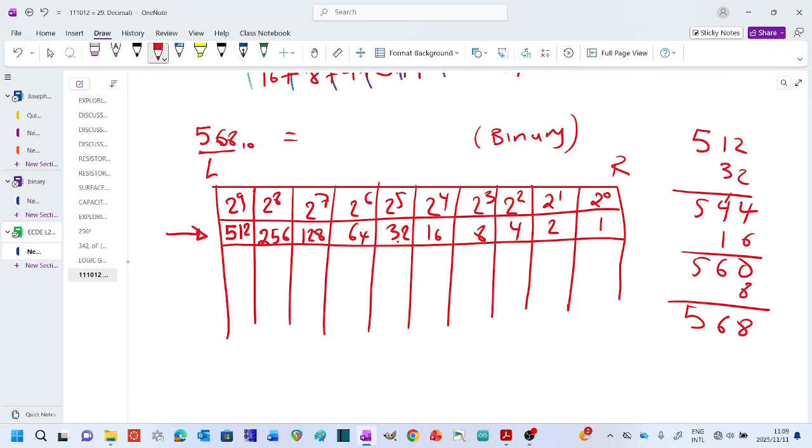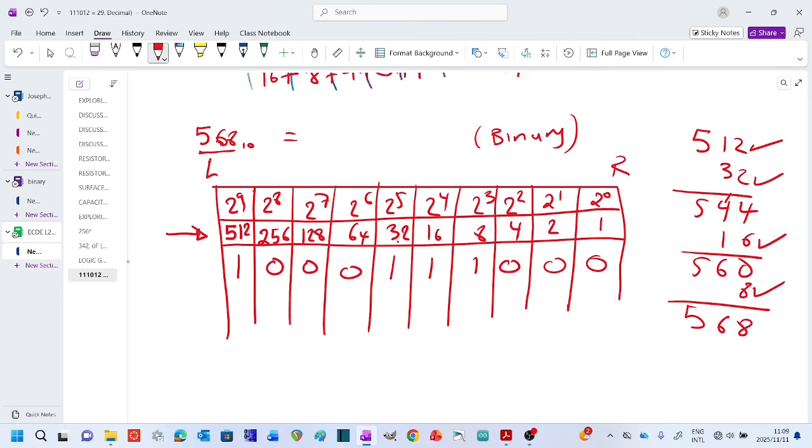So which numbers did I use? I used 512, I'm going to put a 1 there. I used 32, I'm going to put a 1 there. I used 16, a 1 there. I used 8, a 1 there. That was the last one I used, and for the rest I'm going to put 0.